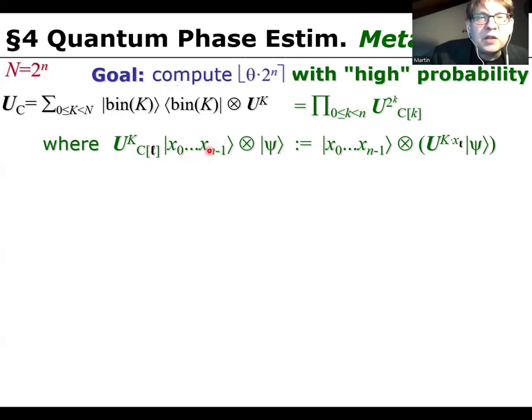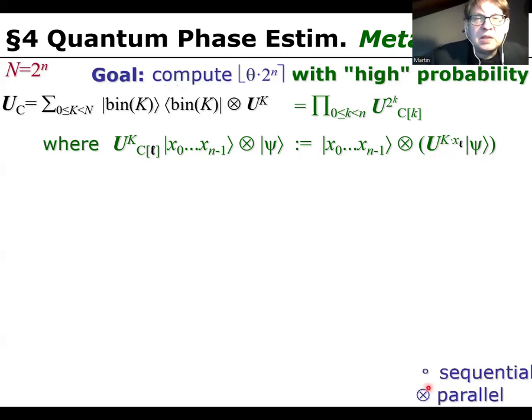And if that qubit is 0, then do nothing to the vector psi. Nothing means applying U to the zeroth. U to the zeroth is, of course, the identity, does nothing. But if the lth qubit is 1, then apply the k-fold product, the k-fold composition of U to psi. This is right. Remember, this means sequential. Product means sequential, and tensor product means parallel.